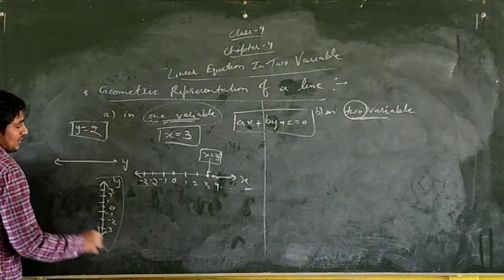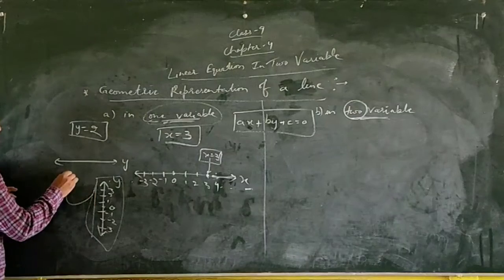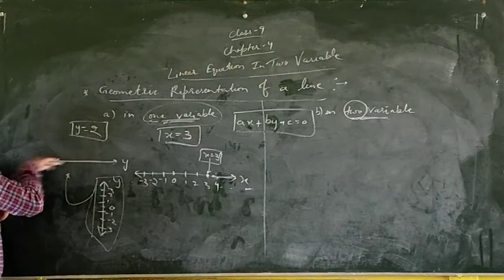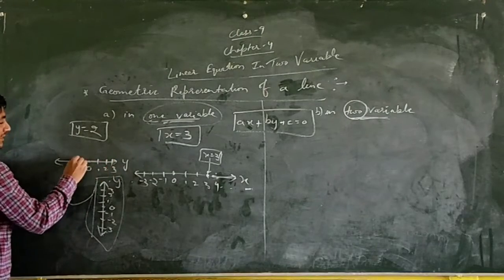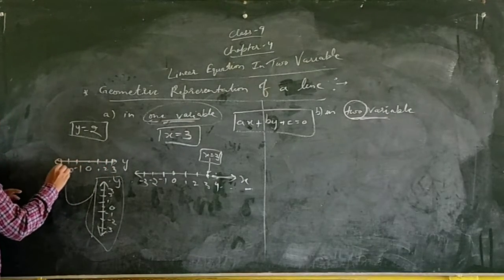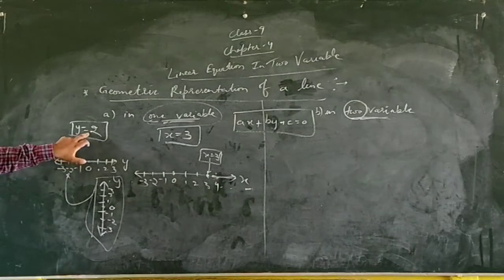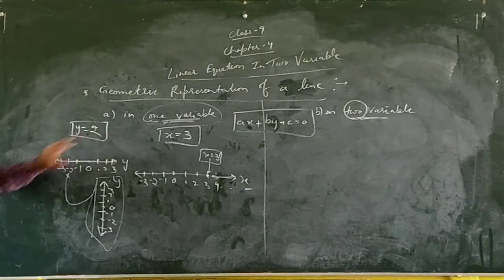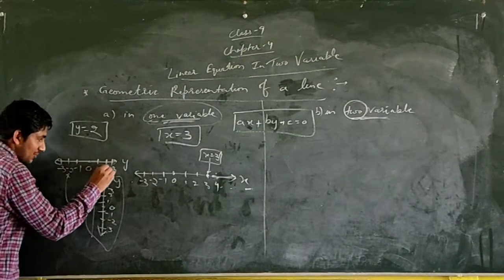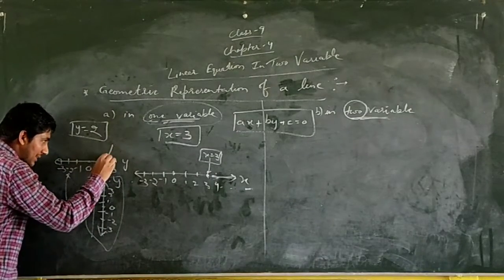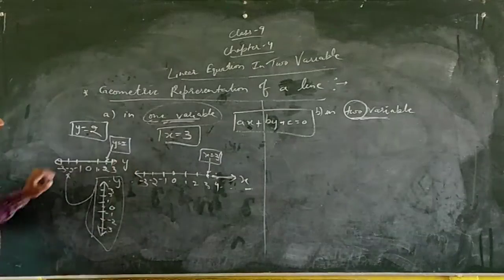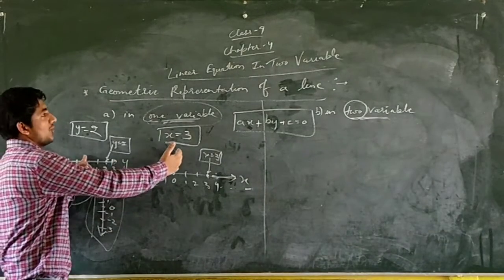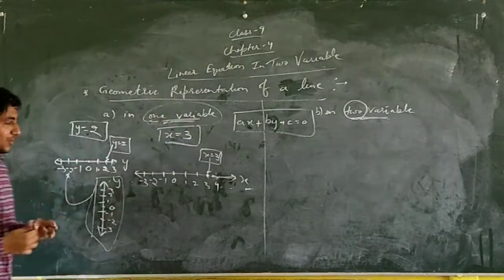But generally in the book we will get it in the form of a horizontal line. So this is 0, this side is positive, this side is negative. To represent y is equal to 2, y is positive 2, so this point is y is equal to 2. This is the general representation of a line in one variable only.